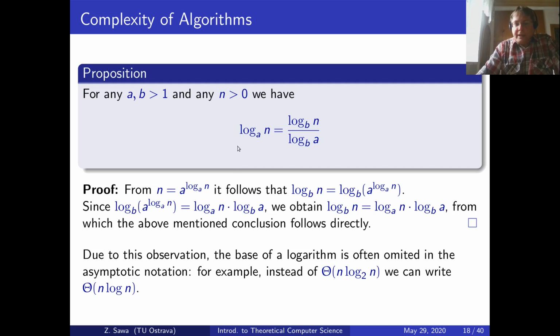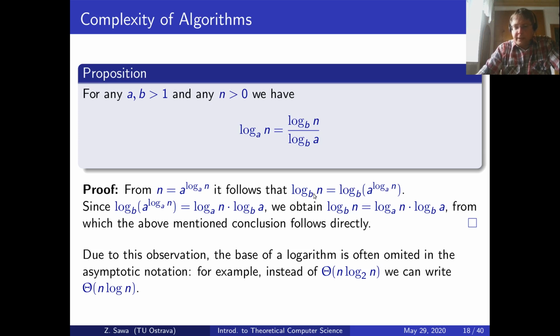To derive this, it's quite simple. Just from the definition of logarithm, it must be the case that if I take a to the logarithm of n with base a, by definition it must be equal to n. That's the definition of what logarithm means. And then if I have this equality, I can take the logarithm of both sides, with base b.